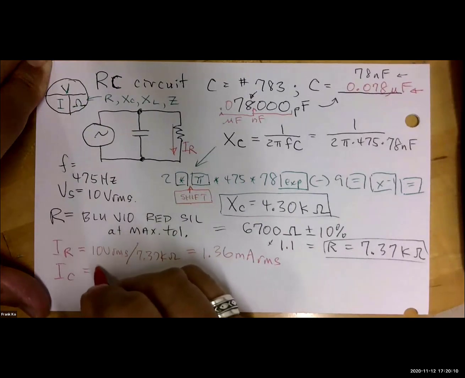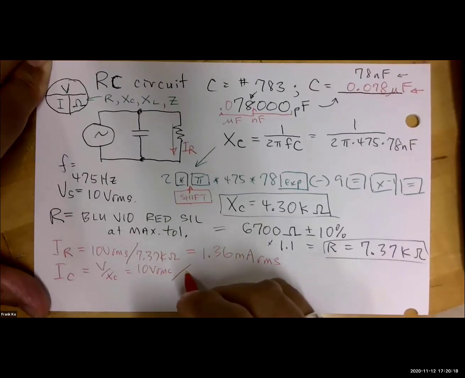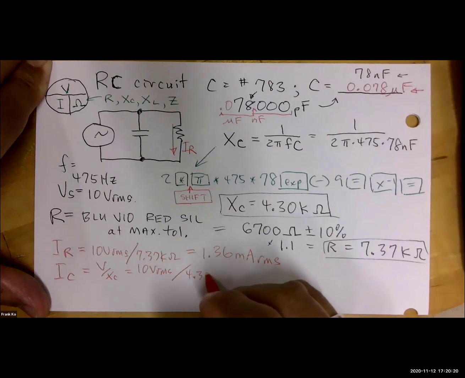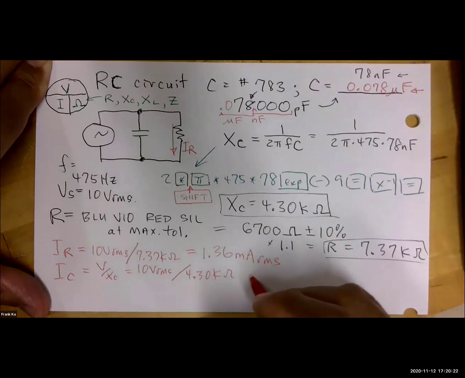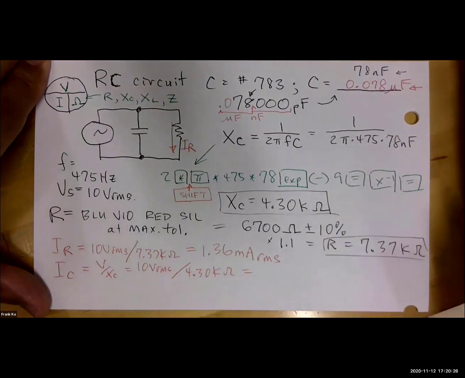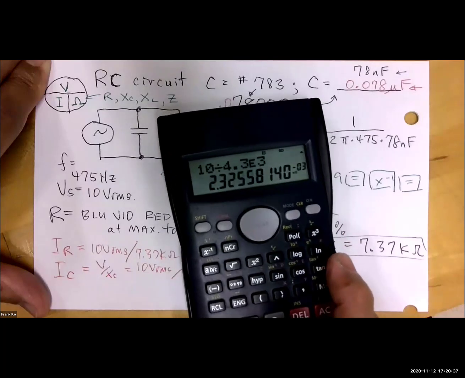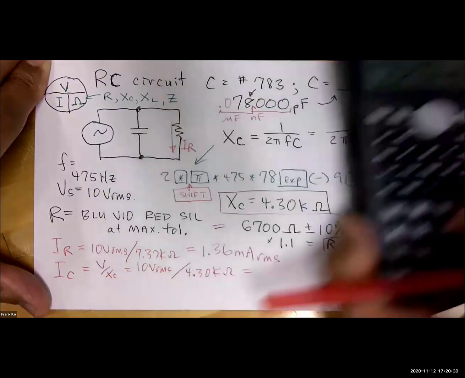So it will be V over X sub C, 10 VRMS over 4.30 kilo ohms. What current do you calculate as a result of that? 2.33 milliamps. And yes, it does round off to 2.33 milliamps.